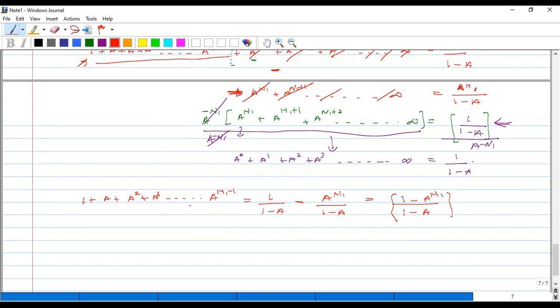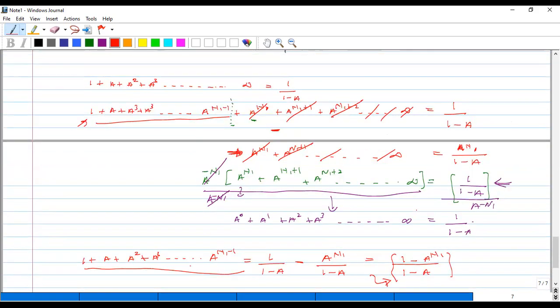We can write this finite sequence also in a compact version using the Taylor series. We have to do some mathematical manipulation and we can get this compact expression.